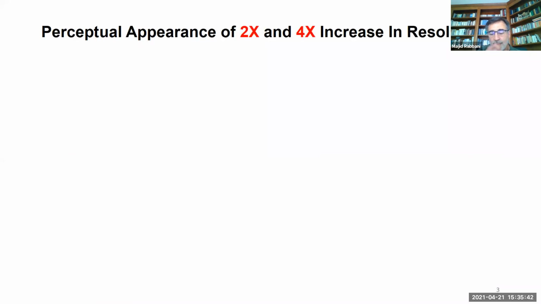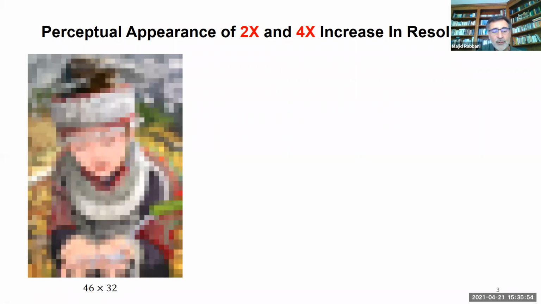Before we go further, we're going to be talking a lot about a 2x improvement in resolution and a 4x improvement in resolution. So let's see what that perceptually means. In order for everyone on the Zoom connection to be able to see this dramatic difference in resolution, I had to pick a very low resolution image.